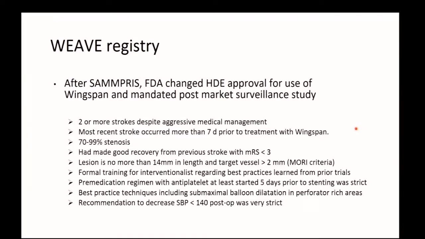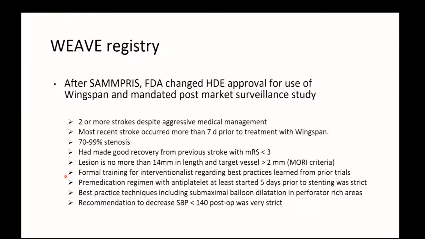And we'll talk about that. They also required higher grade stenosis, more than 70%. These patients should have a good baseline with a modified Rankin score of 3 or less, and lesions no more than 15 millimeters in length, with a target vessel of more than 2 millimeters. There's something called the Mori criteria for these plaques.